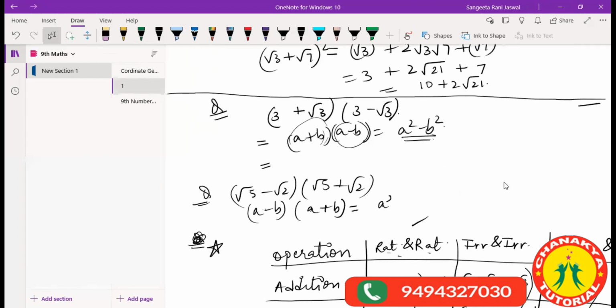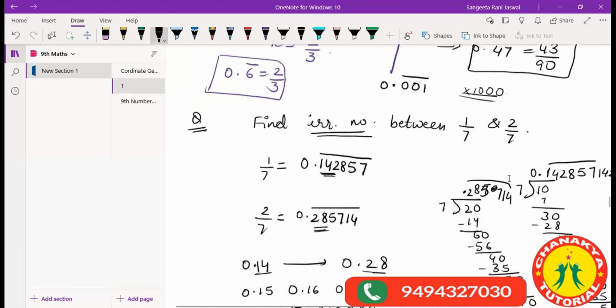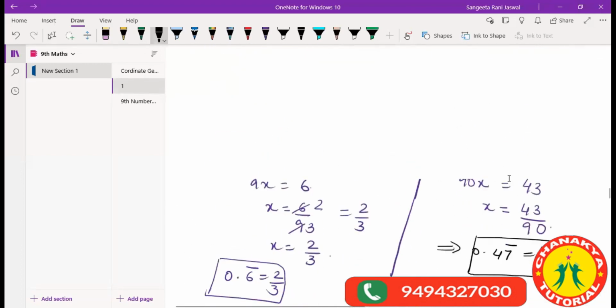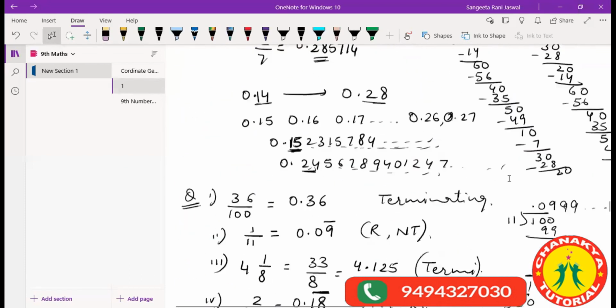So this much part I will be sending you as a PDF, right? Yes, ma'am, if it's possible. I'll do that. Thank you, ma'am.